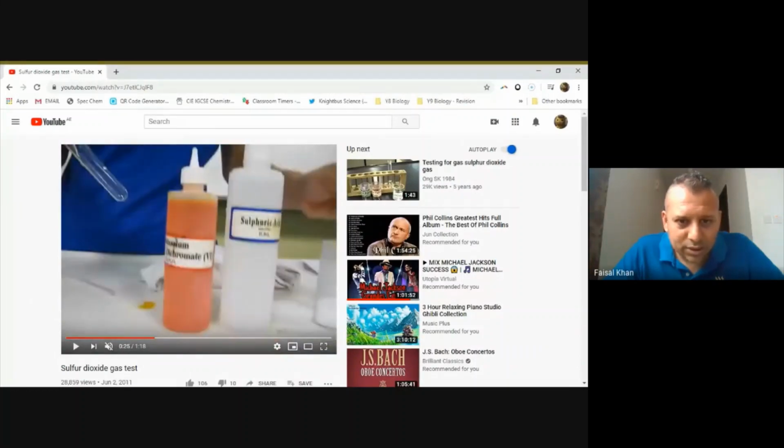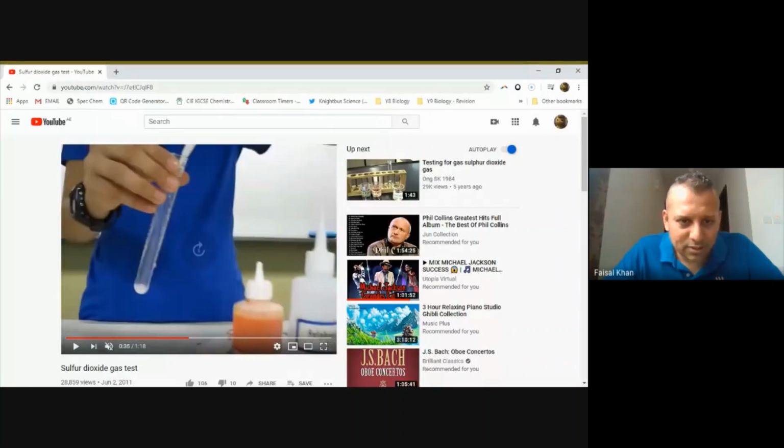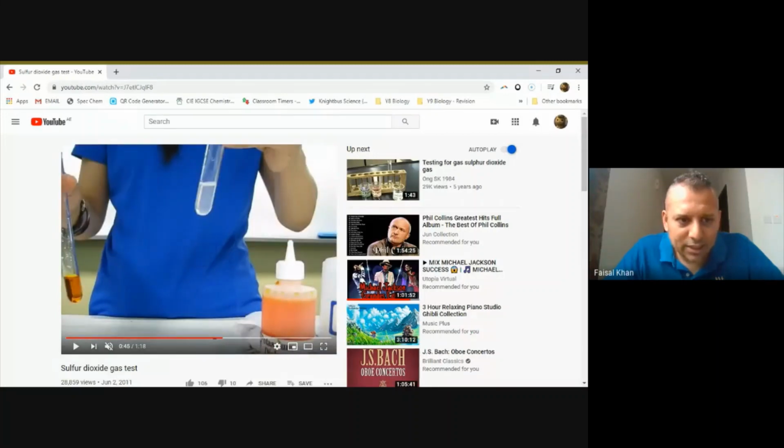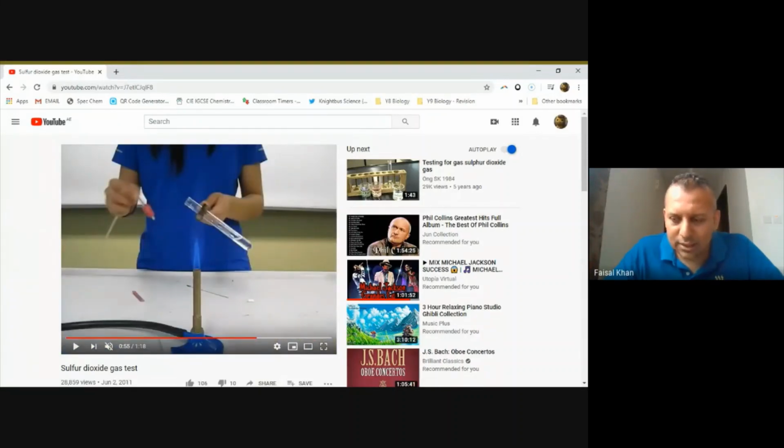Now, what's happening now is that in a second tube, the scientist is adding something called sodium sulfite. Okay, now sodium sulfite is something that you can heat, and when you heat it, it actually makes this gas called sulfur dioxide.